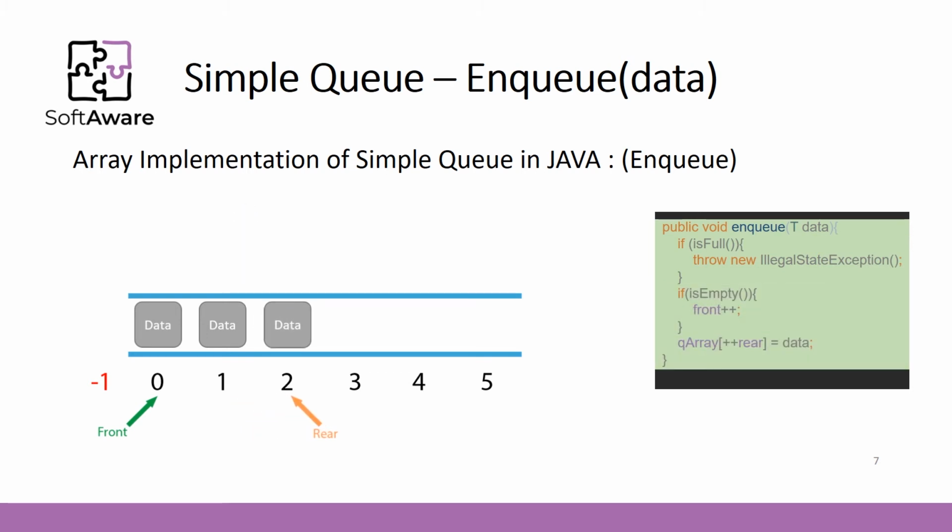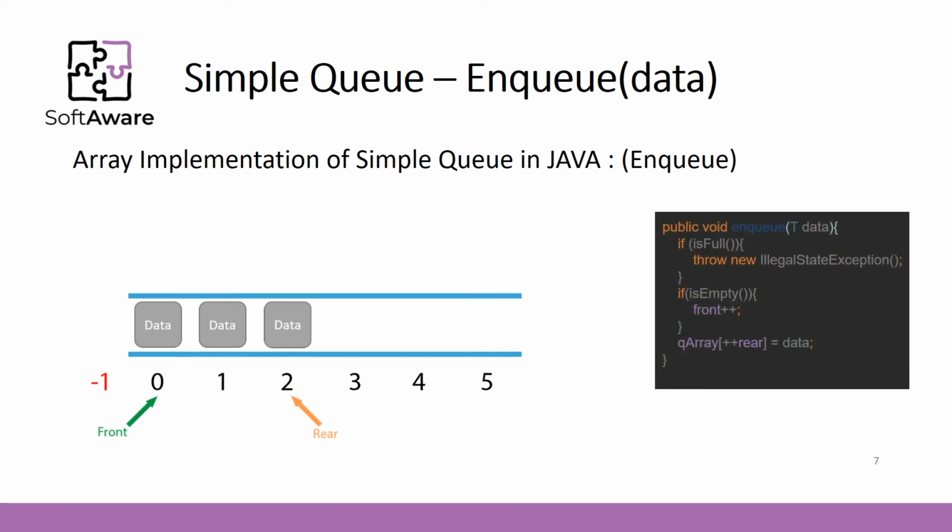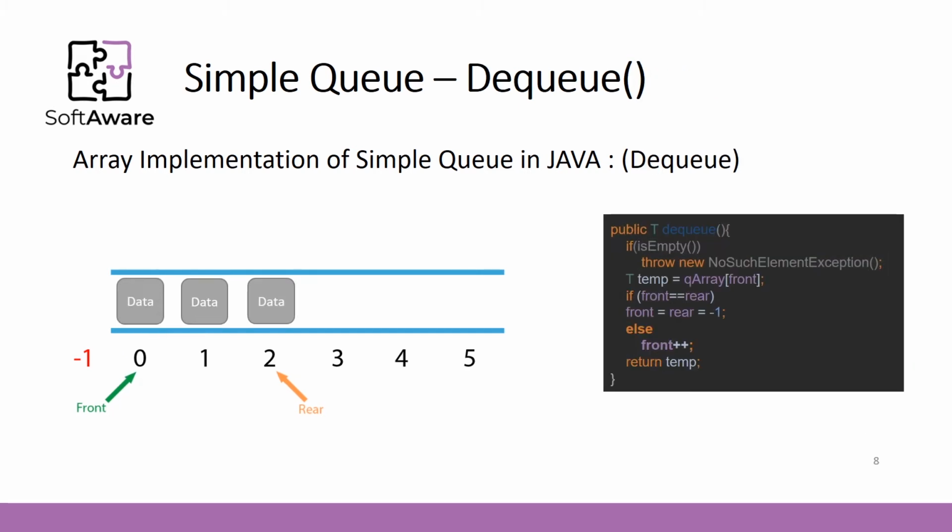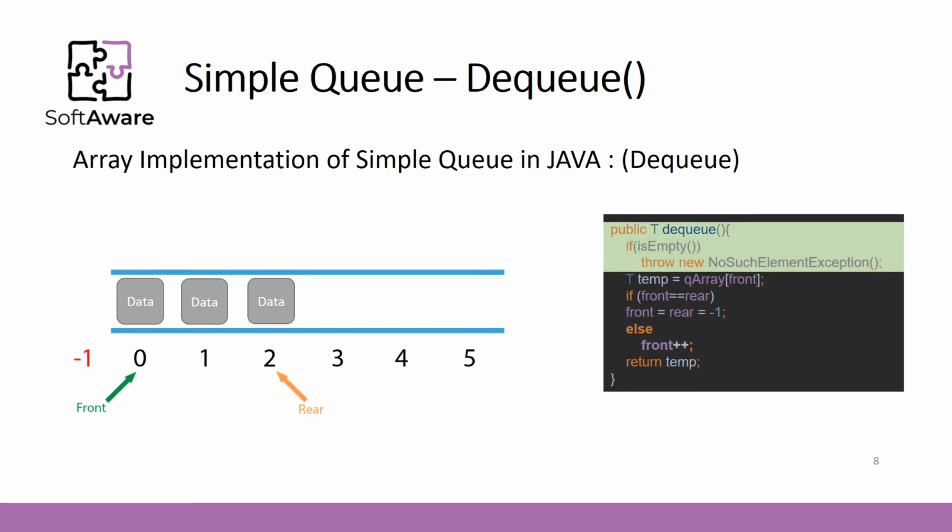Next, we will have a look at the dequeue operation in simple queue. When we call the dequeue operation, we first check if our array is empty. In our case, it's not, so we proceed further. We create a temp variable and say that it is equal to the front index of QArray. This is done to know what element is going to be dequeued from our QArray.